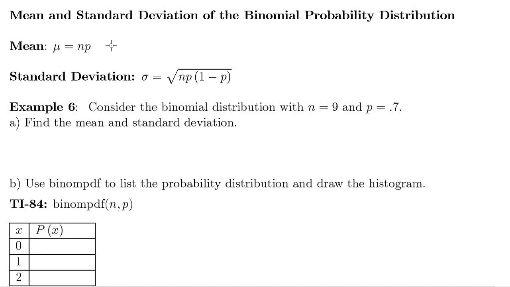So with a binomial distribution, one of the things we would want to know is what's the mean, the middle of that distribution, and what's the standard deviation, the spread of the distribution. Well, the mean for any discrete distribution, remember, is the sum of x times p of x.